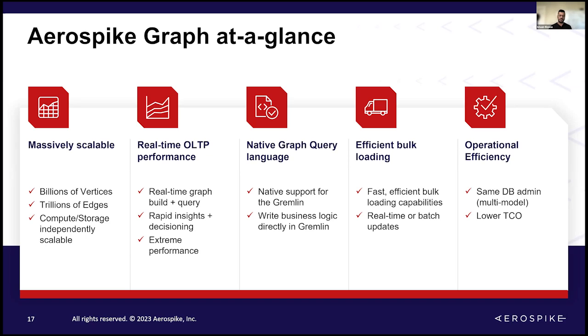Another thing we focused on really hard is making it a really nice experience for users, irrespective of their data model, with a consistent experience across the board. Along with that, you also get the really good TCO advantage that the Aerospike platform provides.